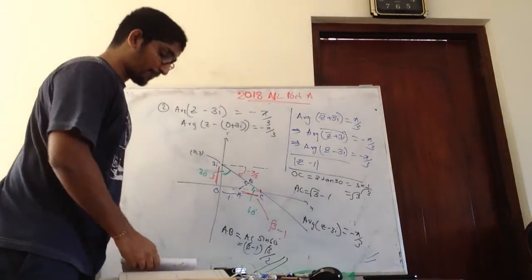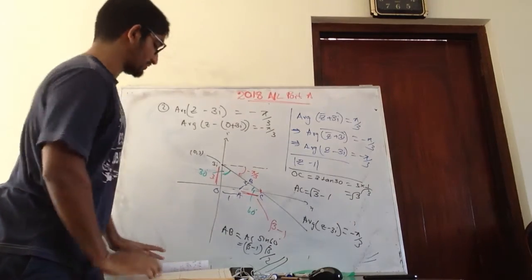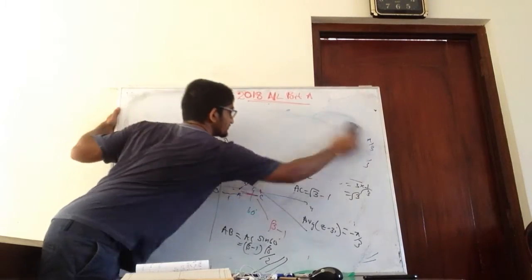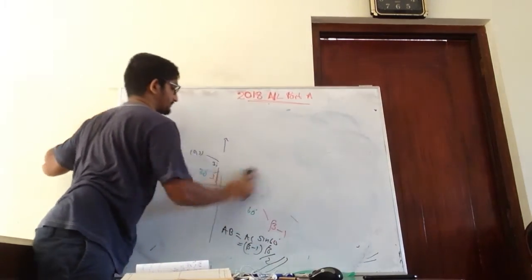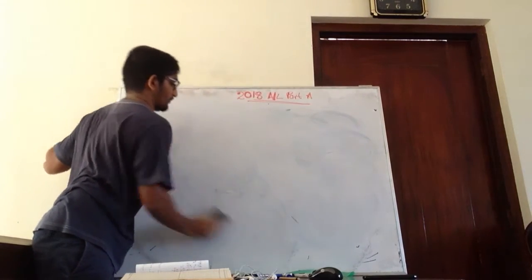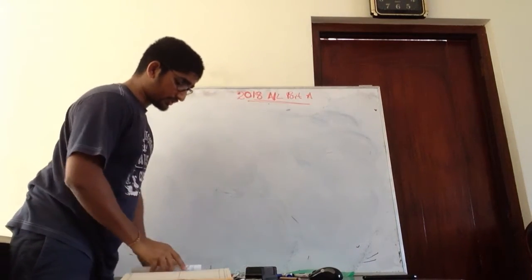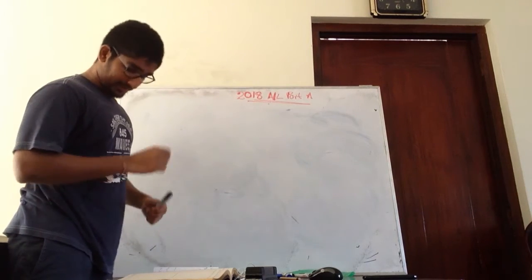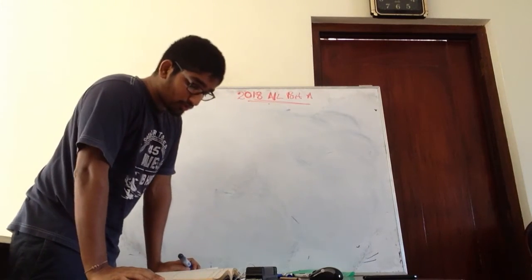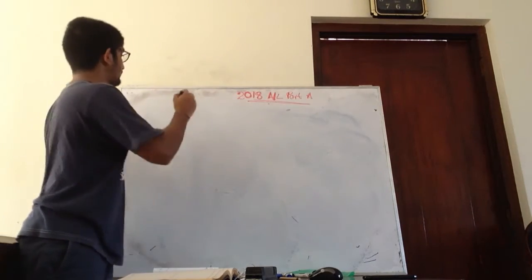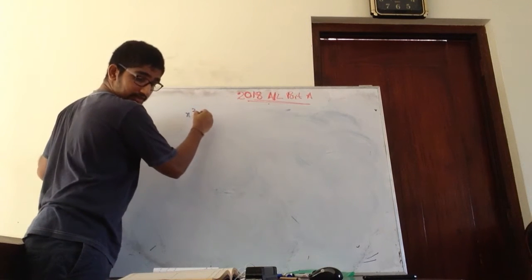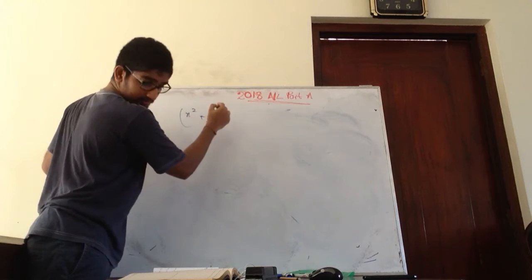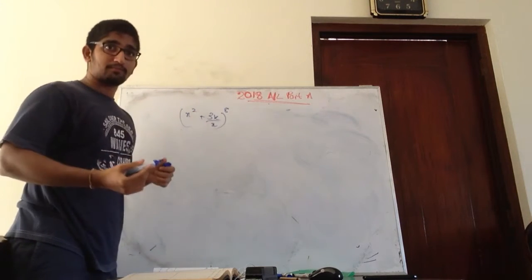So question number 4. So question number 4 is a binomial expansion question. So in this question they are saying the coefficients of x and x to the power 4 of the binomial expansion of (x squared plus 3k over x) to the power 8 are equal, right?